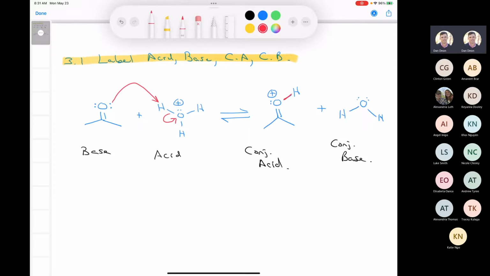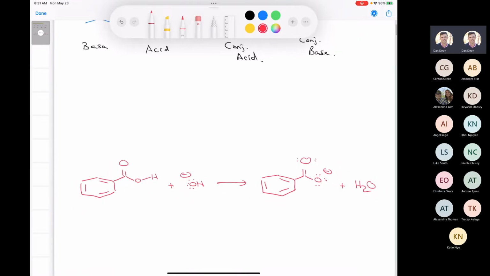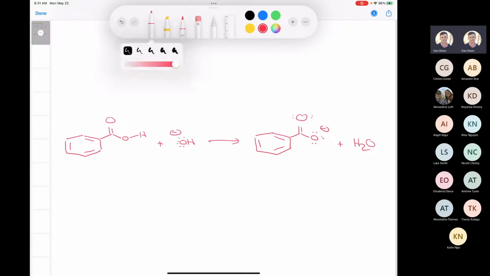Well, let's take a look at another one. Let's just go down here. C. Excuse me. So I wrote this one in red. Anyhow, what if I label these A, B, C, and D? I'm sure you're all getting the hang of it by now. But let me just ask you, which one would be the conjugate base? A, B, C, or D?